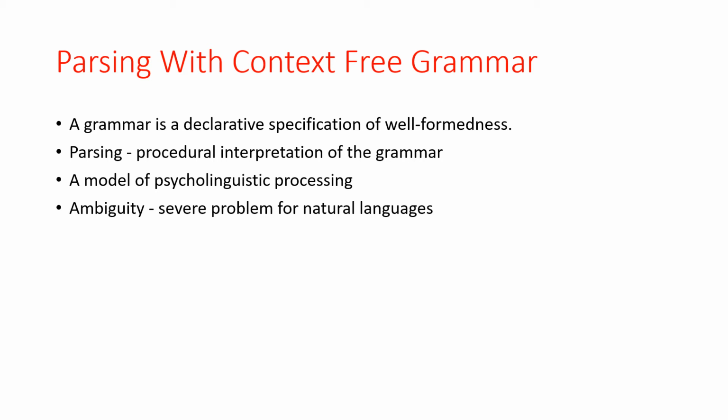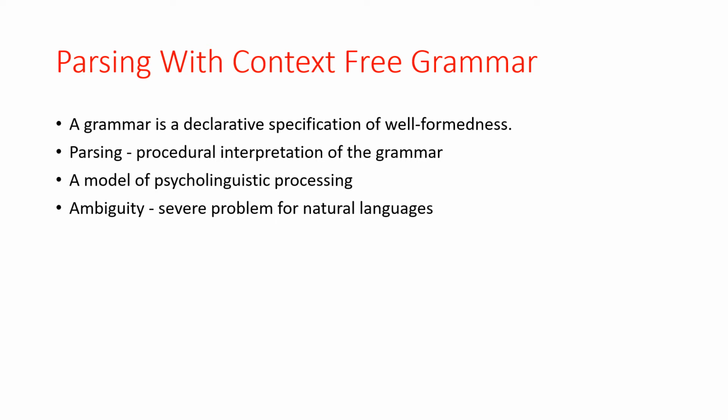A parser can serve as a model of psycholinguistic processing, helping to explain the difficulties that humans have with processing certain syntactic constructions. Many natural language applications involve parsing at some point. For example, we would expect the natural language questions submitted to a question answering system to undergo parsing as an initial step.